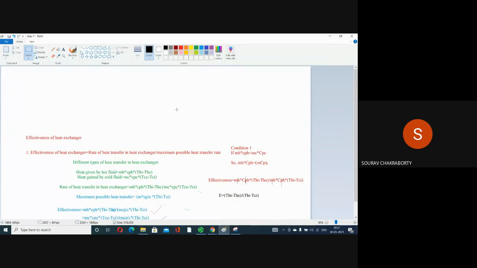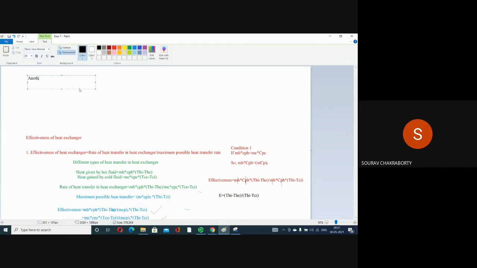Okay, so the second way to find out the effectiveness of a heat exchanger.